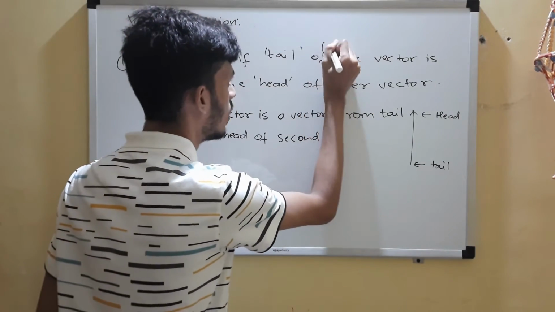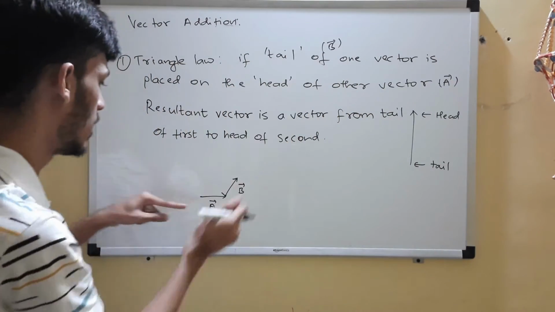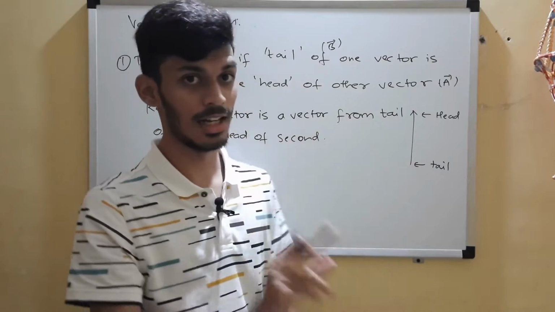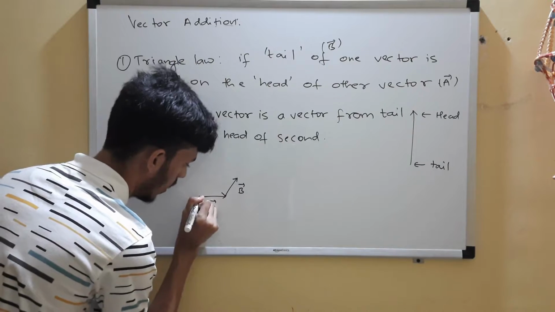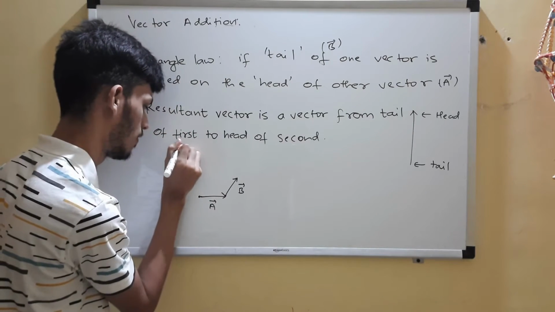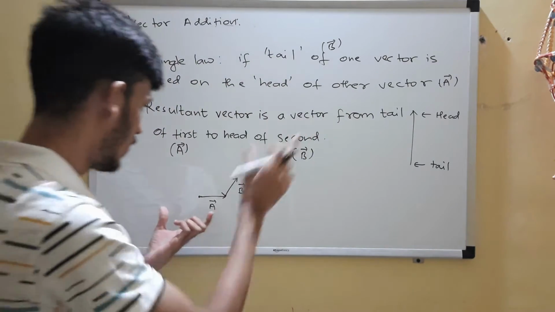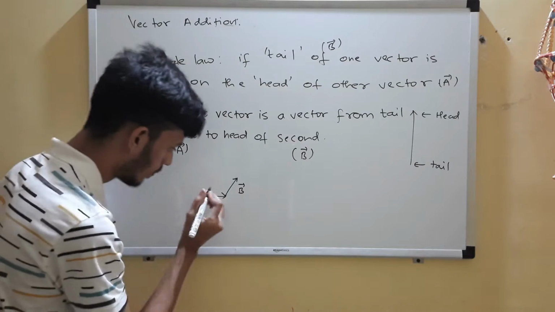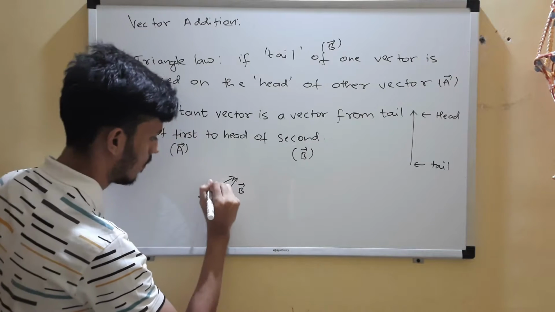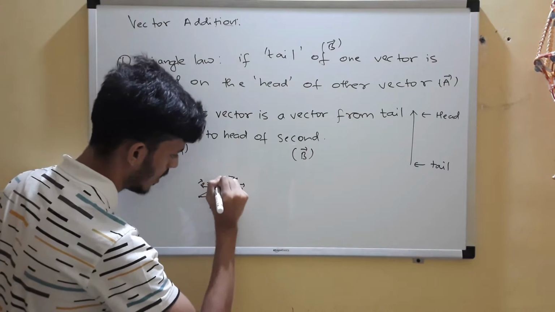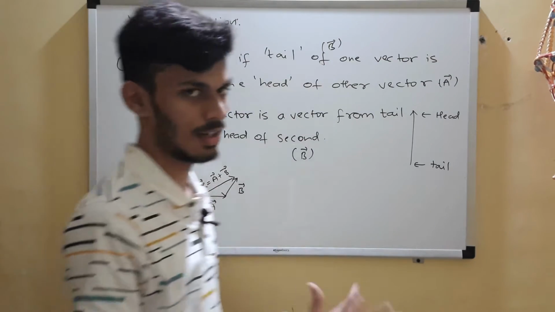So the resultant will be a vector from the tail of first, tail of a, since first is a and second is b, to the head of b. So this is the resultant vector. You can say r equals vector a plus vector b. This is what the triangle law states.